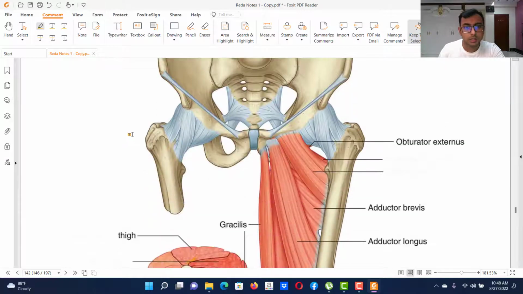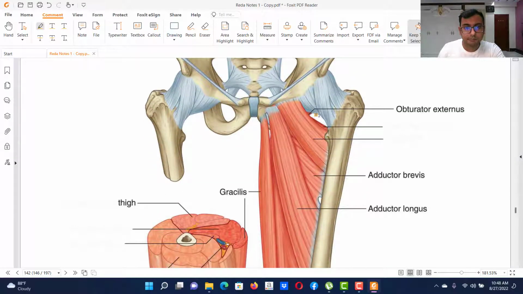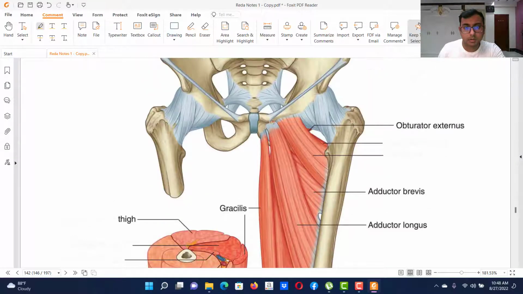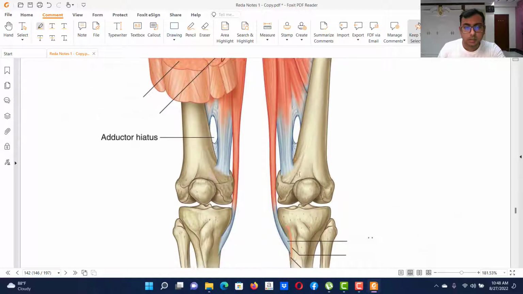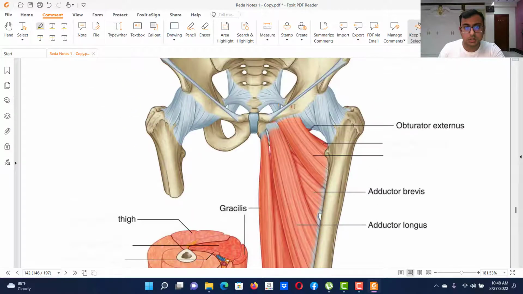Good pictures. And this is the medial aspect of the thigh, which is supplied by adductor longus, brevis, magnus. Another one is semitendinosus, that is posterior compartment. It is also called the hamstring group of muscles.